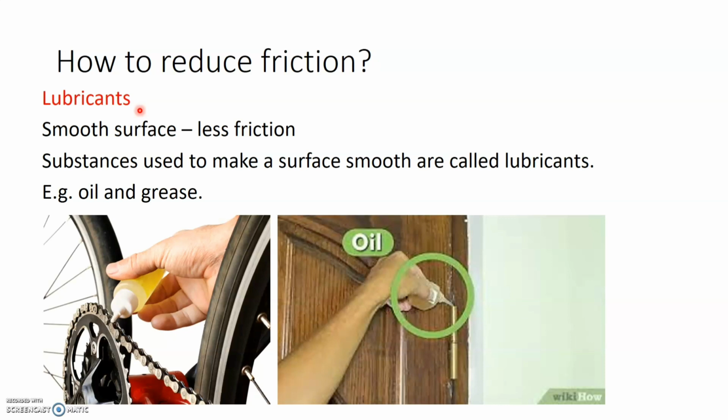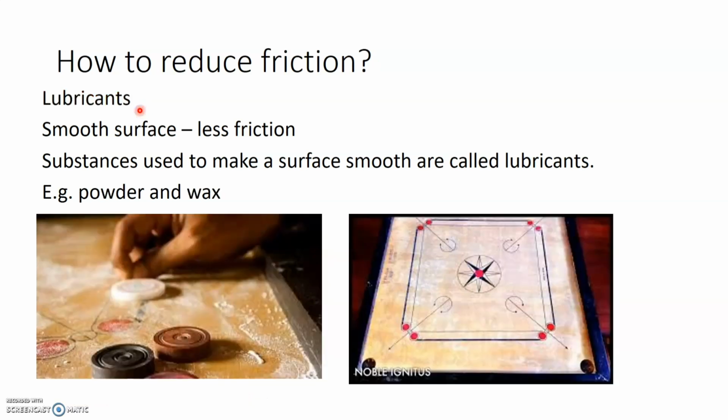Now let us see examples of some other lubricants. As you see here in the picture, when we play carroms, we apply powder on the carom board. Why do you think we do that? This is to make the surface of the carom board smooth so that we can strike the coins smoothly.